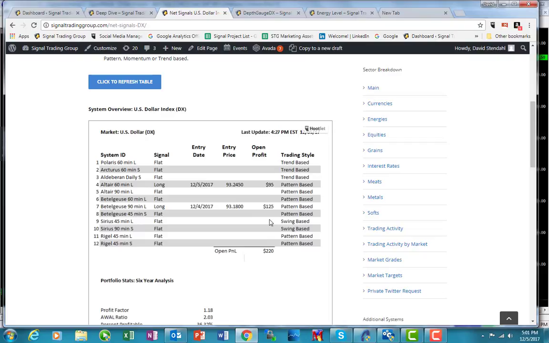So until then, you can still update the information. You can still see in a general sense what our outlook is for a particular market. In this case, the dollar index being more bullishly biased, and in time you'll have access to the actual systems and be able to see how they actually trade in real time.